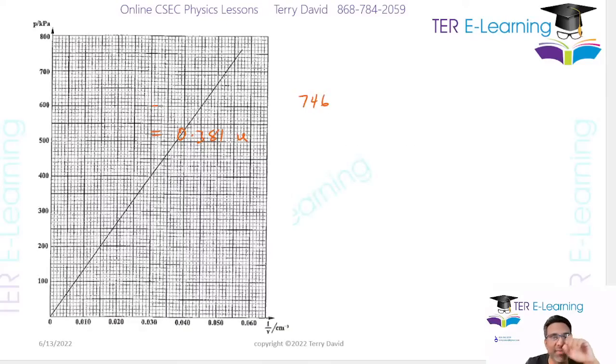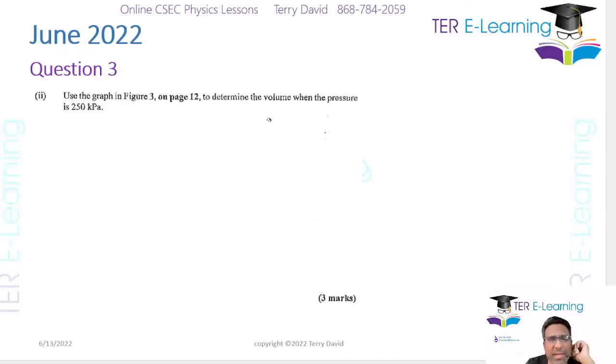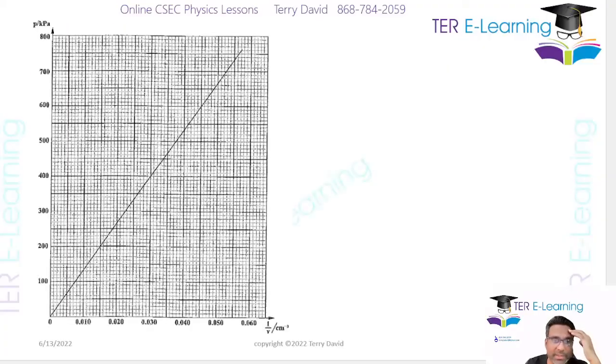All right, so they have a graph here. What they want: use the graph in figure 3 to determine the volume when the pressure is 250 kilopascal. So your pressure is equal to 250 kilopascal, and we want to know the volume. Let me go back to the first question. I need to borrow a line here.